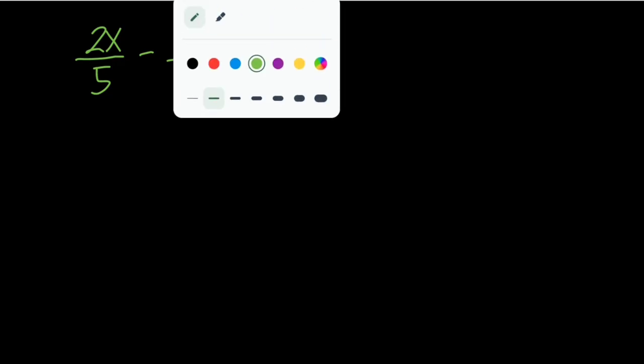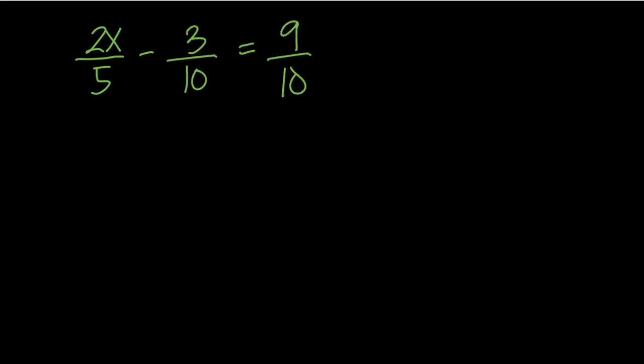Let's try number 4. That is 2x over 5 minus 3 over 10 equals 9 over 10. So you need to get the LCM for the denominator. Okay, 10. We can multiply both sides by 10.